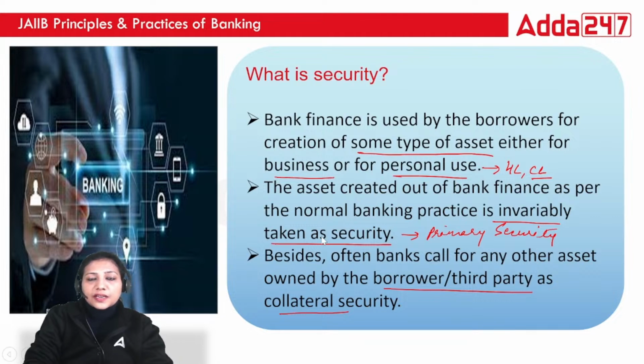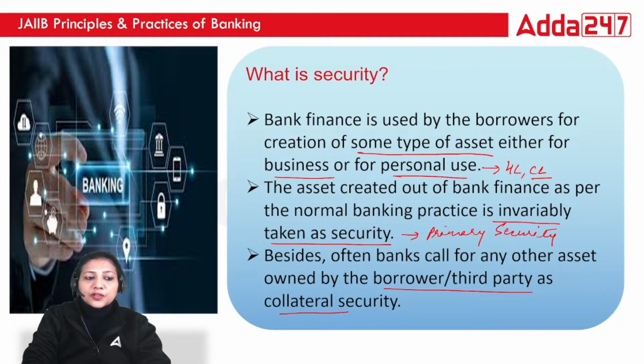These are additional securities which we take from the customers to safeguard our loan, because it may happen that when you have given the loan, the customer might have a very good reputation, very good income from the business, or might be earning a salary.